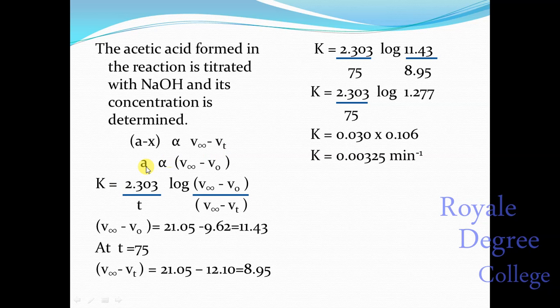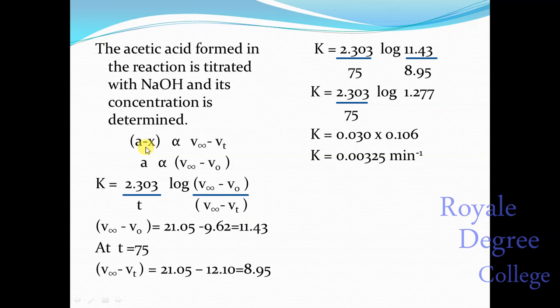Then A is directly proportional to V infinity minus V0, the volume at 0 time. Here, using this formula, k is equal to 2.303 by t log V infinity minus V0, divided by V infinity minus Vt.